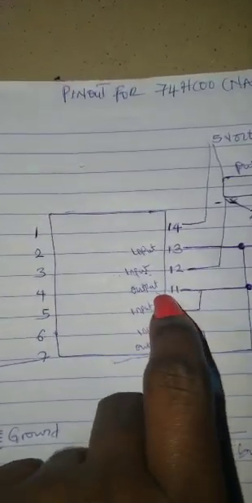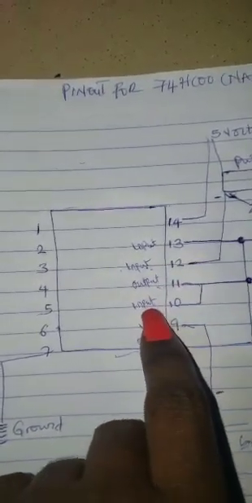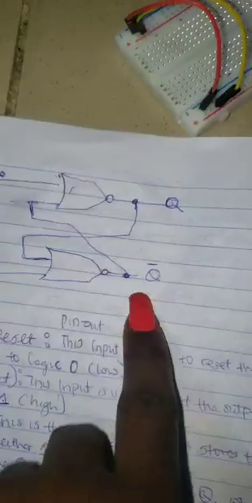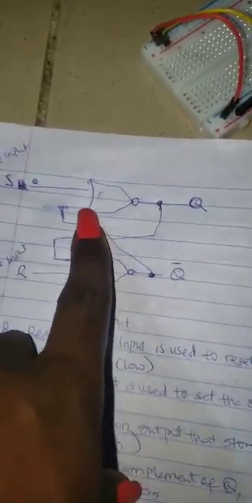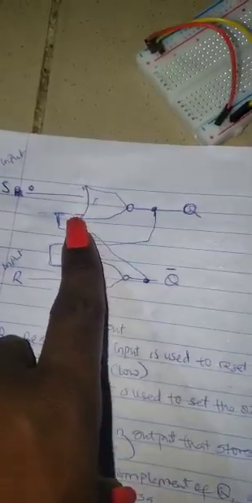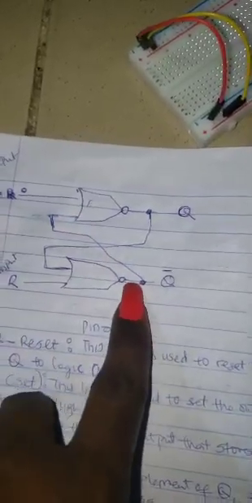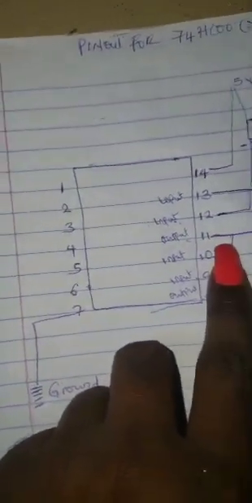This is the output of gate 4, and this is the input of gate 3. Now we've actually connected the first output. Like I mentioned, this is output, this is output. So the first output is connected to the input, and the second input is connected to the first output. So we've already connected 2 inputs to outputs.